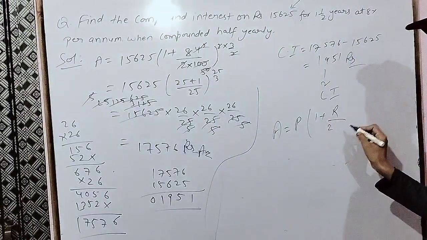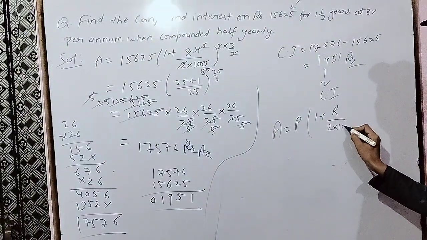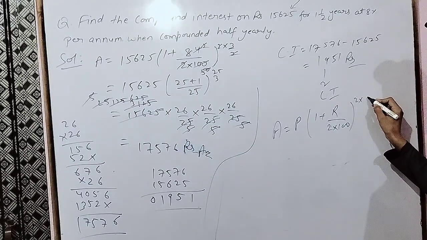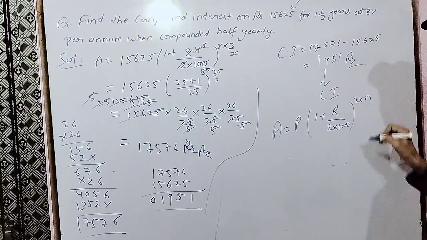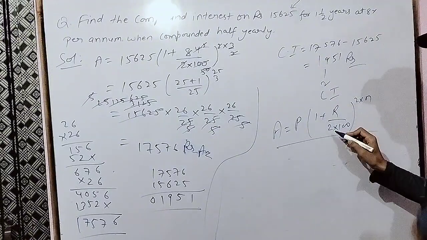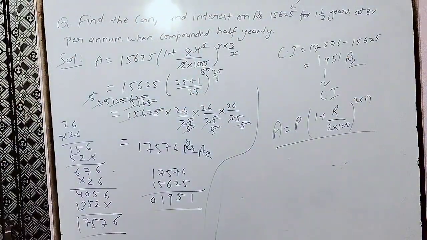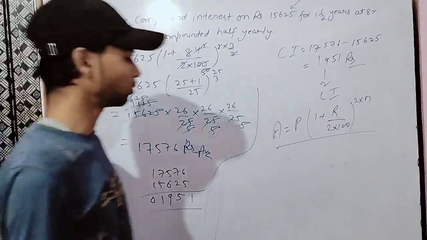Just 2 will be multiplied by 100, and again 2 will be multiplied by the number of times. 2 with 100 and 2 with the number of years. Number of times.